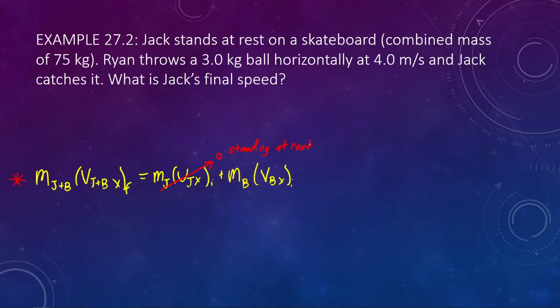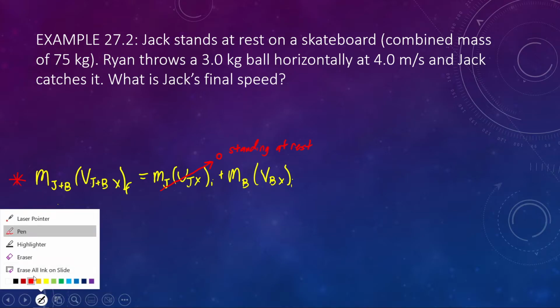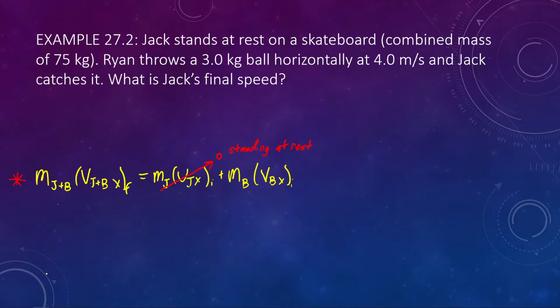This whole term goes away to 0, and we are left with something easier to work with. So with this, we are now able to rearrange our equation. Just imagine this middle term is gone, so it's irrelevant. We're solving for Jack's final speed, in other words, v j plus b x final.